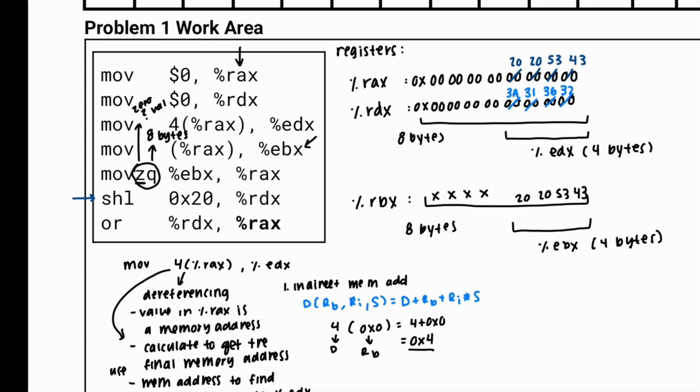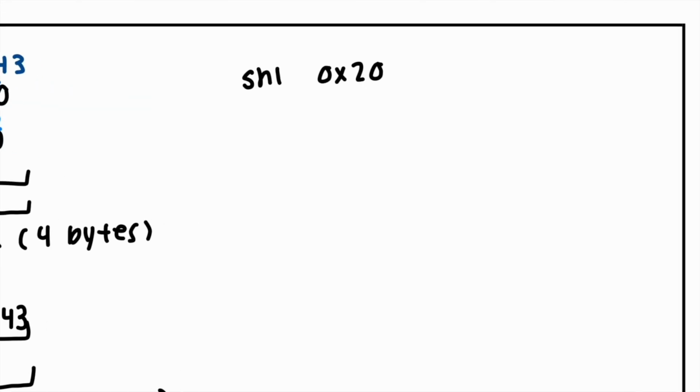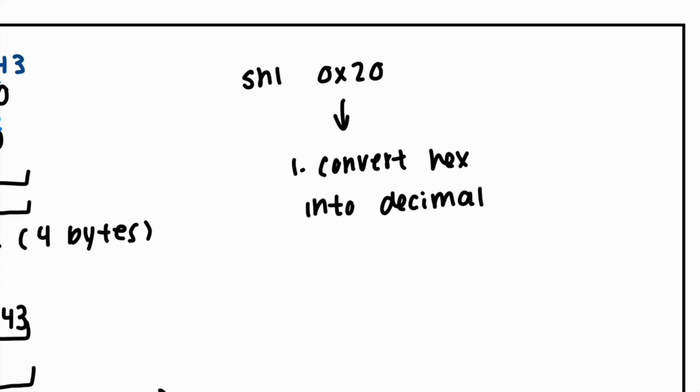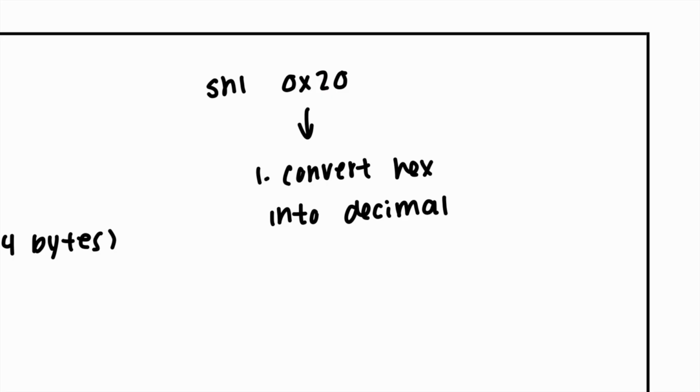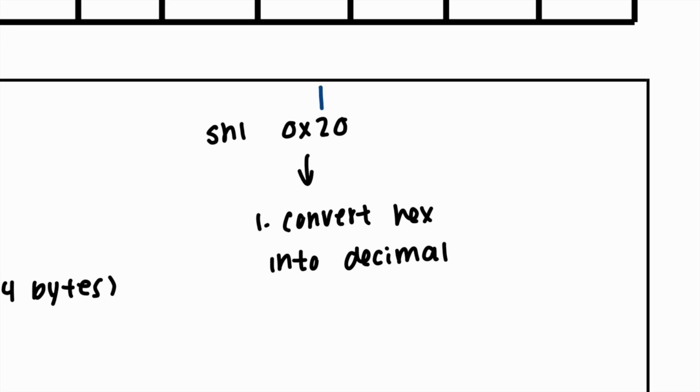The next instruction is a shift left by 0x20 in RDX. If we're shifting left by 0x20, our first step is to convert this hexadecimal number into decimal. One easy way to do that is to use the places method, where you know that this number is in the ones place and this number is in the zero place.